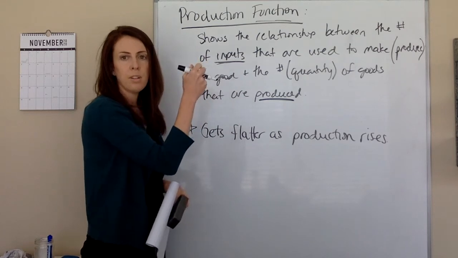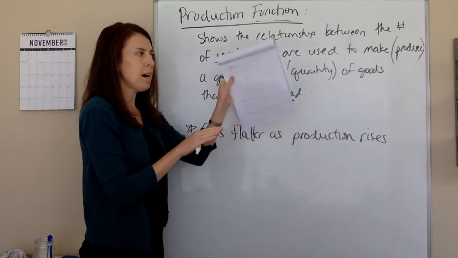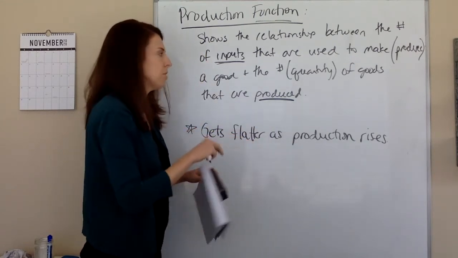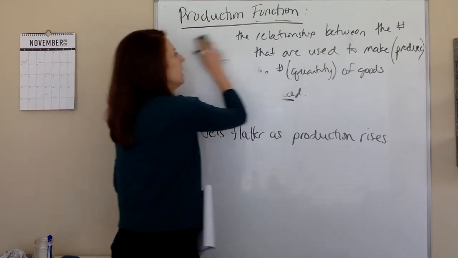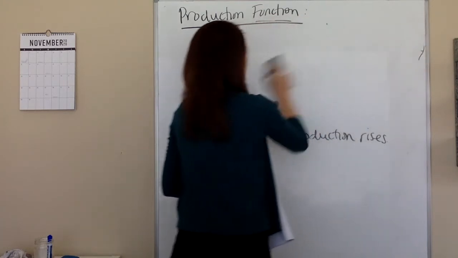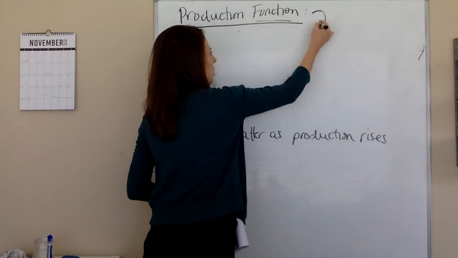Graphically, when we're thinking about relationships between variables, we usually plot dependent variables on the vertical axis against independent variables on the horizontal axis. Okay, so that would give us a graph, a picture of a production function.